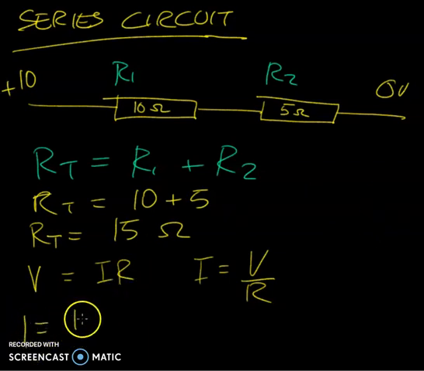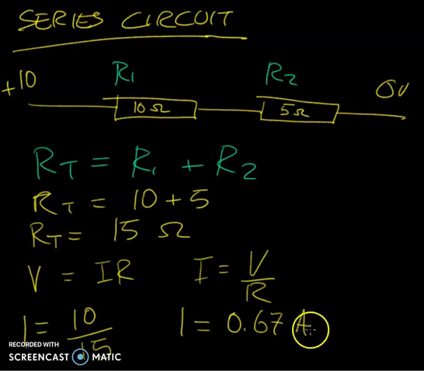I is equal to 10 volts over 15 ohms, which gives us 0.67 amperes, rounding.